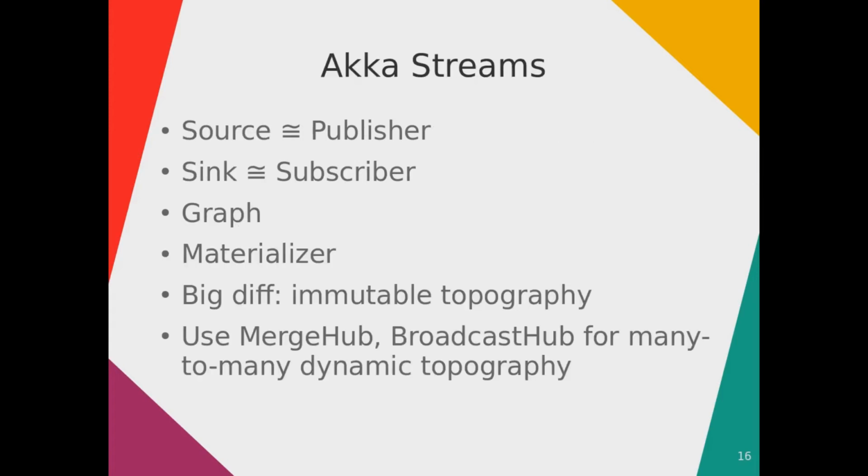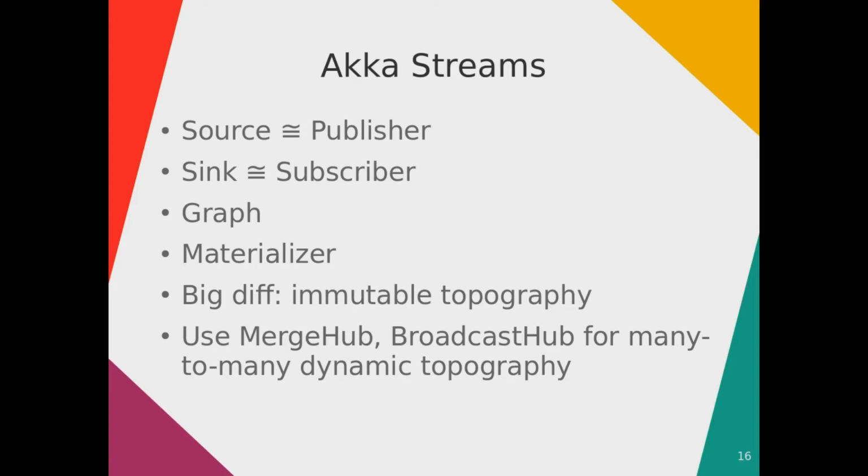Akka Streams has a Source, which is sort of like a Publisher. Sink is sort of equivalent to a Subscriber. It also has a concept of a Graph, which is like a static topography describing your streams, and a Materializer, which is what gets used when you're running a stream.